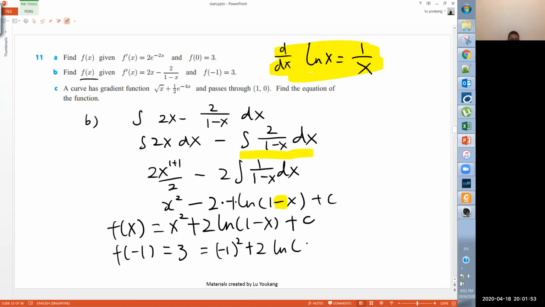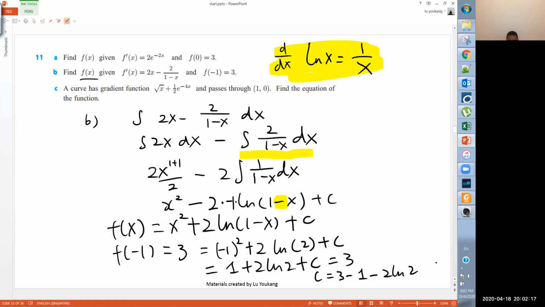Minus 1, so it's ln 2 plus c. So here is 1 plus 2 ln 2 plus c is equal to 3, right? So your c is equal to 3 minus 1 minus 2 ln 2.